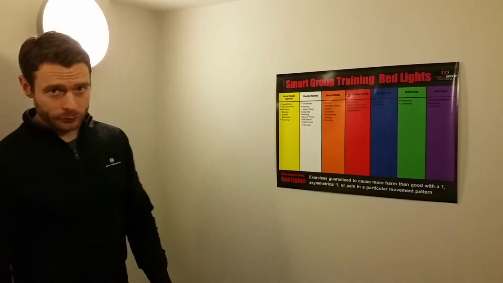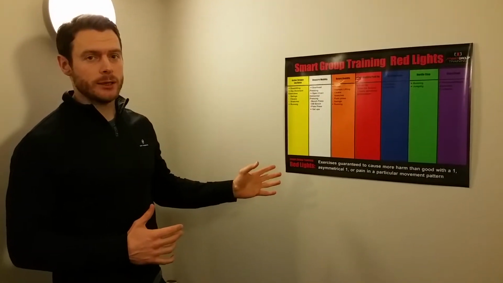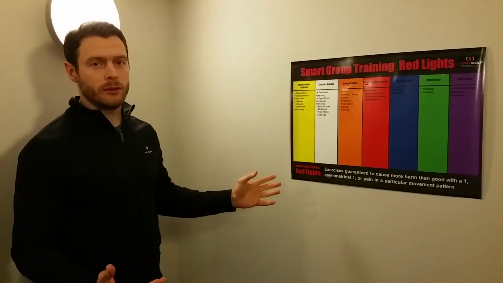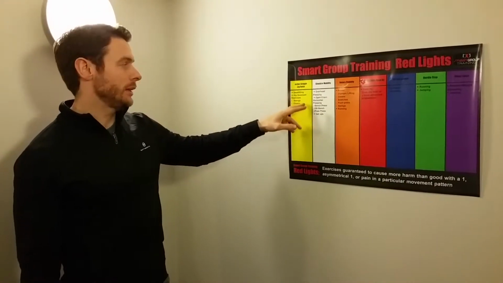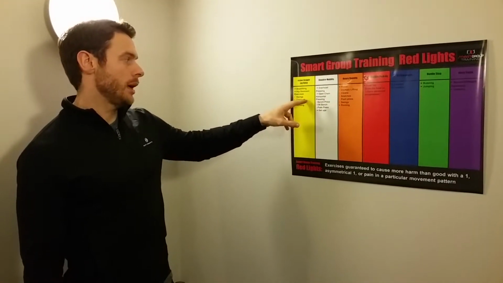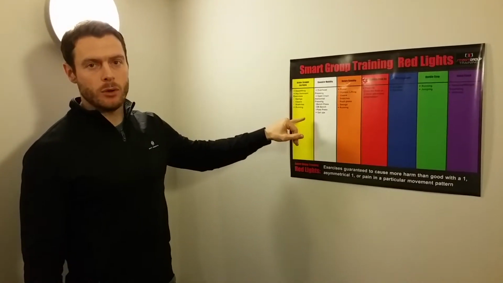Okay, so if we have a red flag in the active straight leg raise, things to consider omitting from their program initially until we clear that with corrective work would be any full range deadlifting, mainly hip dominant movements like swings, cleans, snatches, and then also dynamic movements like running.